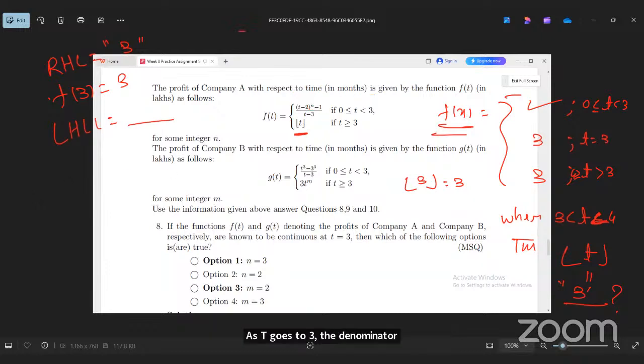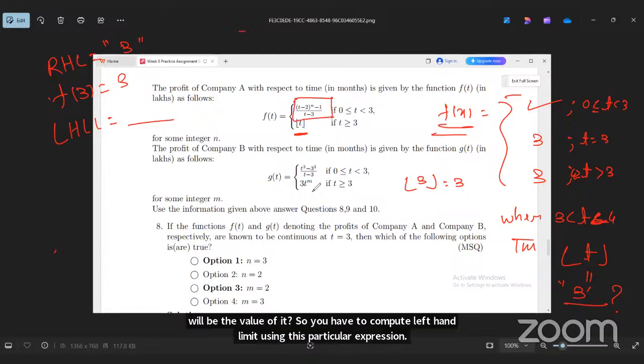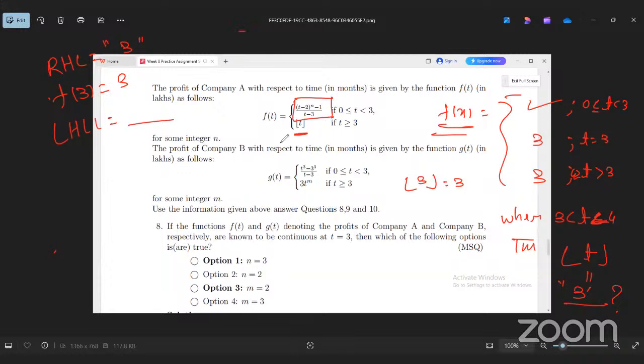So again, you have to think what will be the value of it. You have to compute the left hand limit using this particular expression, and you can solve it. Is that fine, or do you want to solve the whole limit?